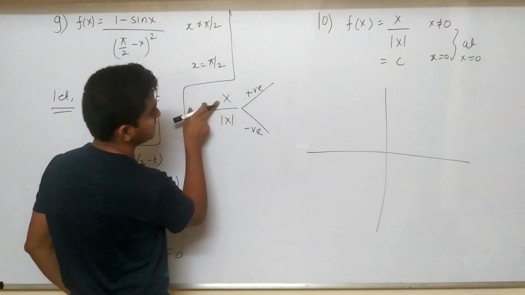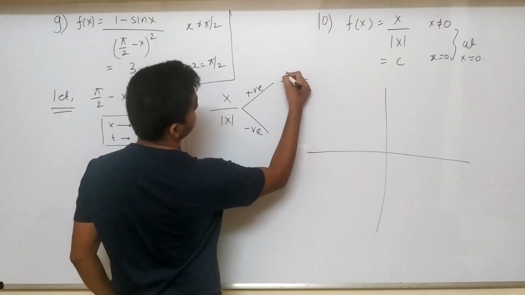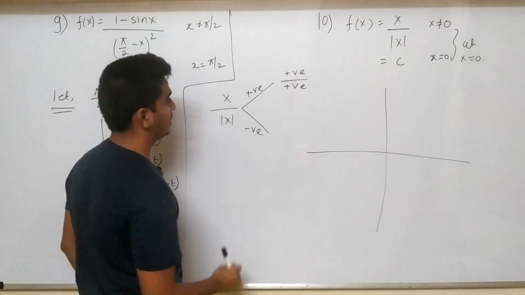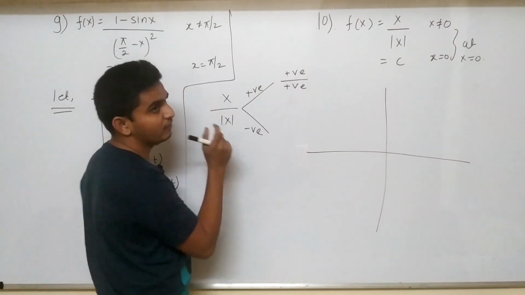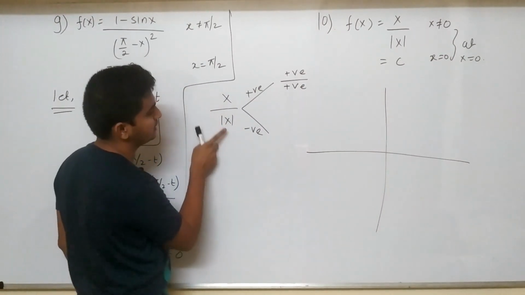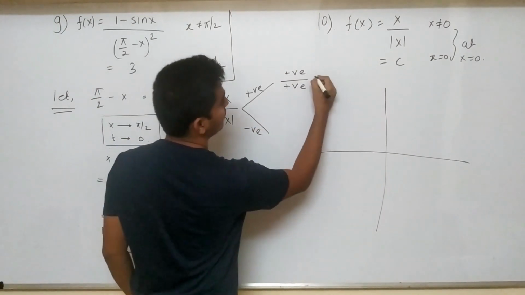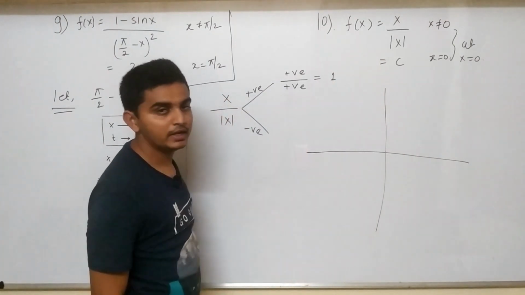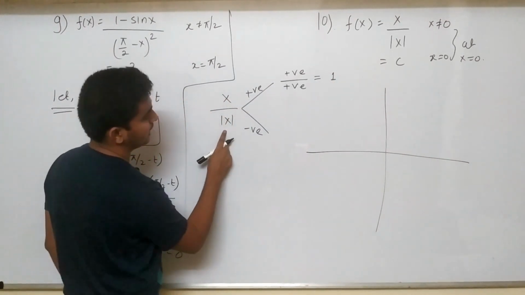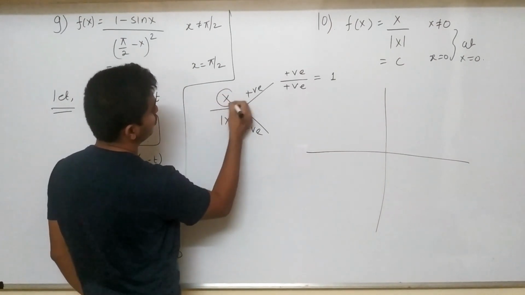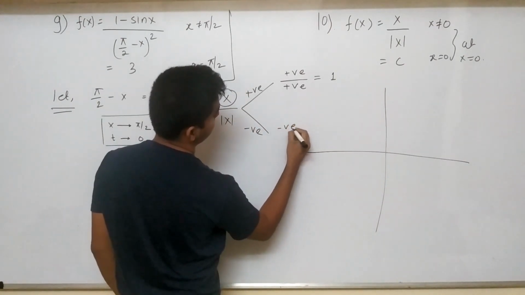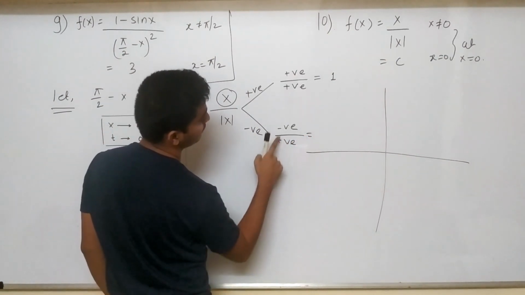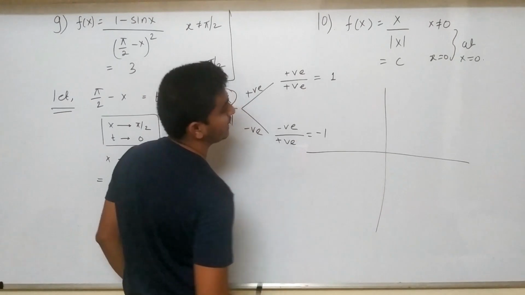Then the numerator will become positive and the denominator will also become positive, and the net value will be the same. So if this is 15, this will also become 15. So x upon x will be positive 1. And if x is negative, the numerator will become negative, but the denominator will stay positive, and this essentially gives you a minus sign, so it will become minus 1.